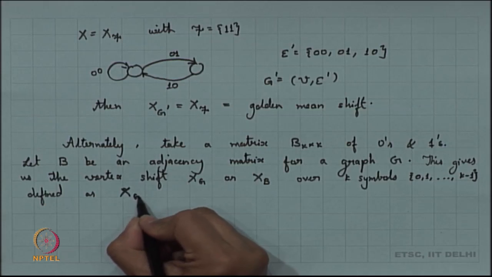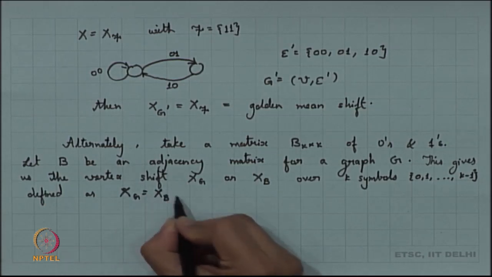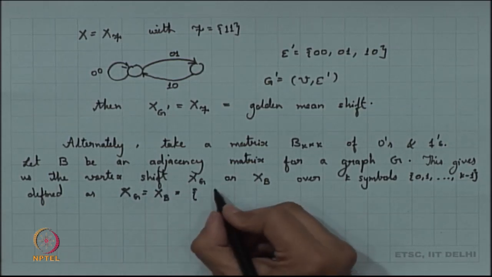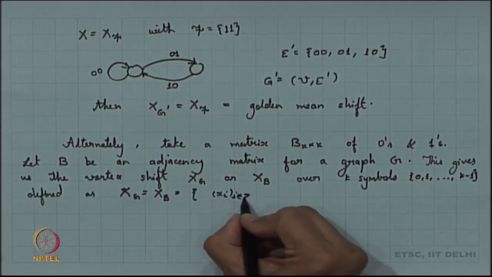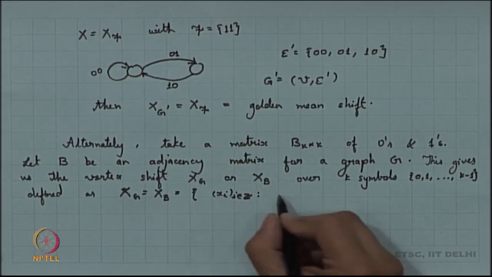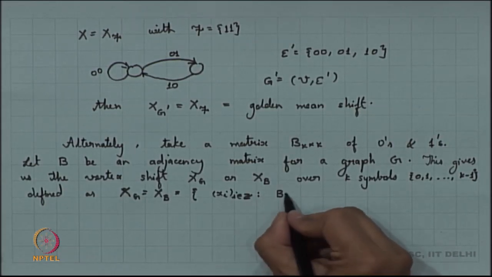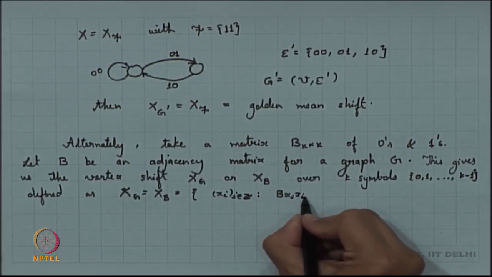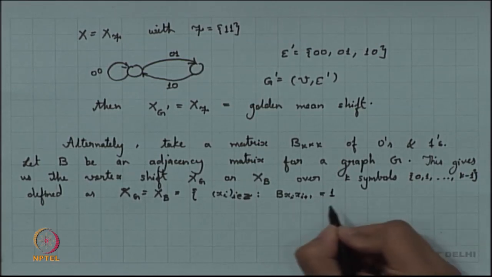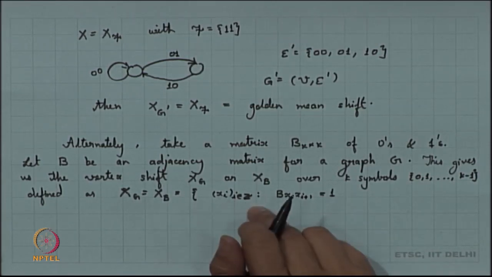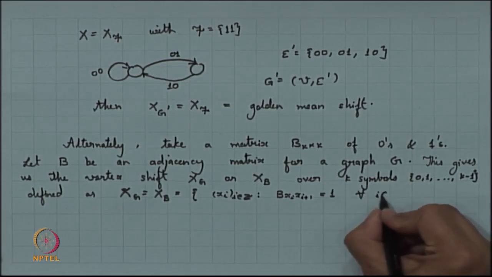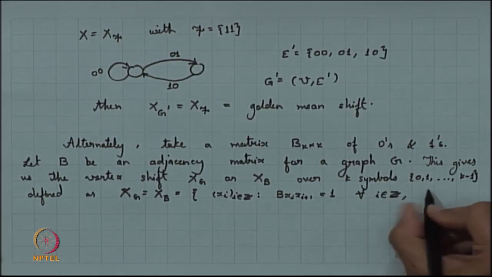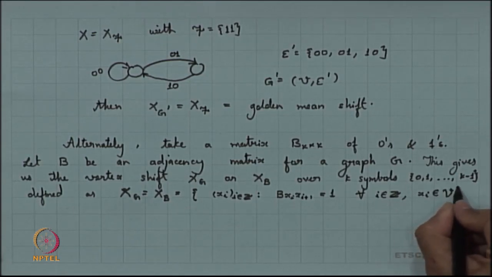So, we have this X_G, which is equal to X_B. This is basically again looking at sequences x_i, i in Z, such that B(x_i, x_{i+1}) is 1. If it is 1, this is permissible for every i belonging to Z, and the x_i's basically belong to the vertex set V.